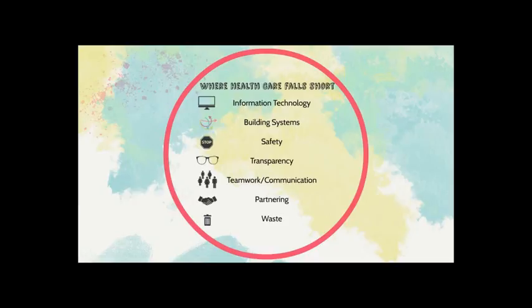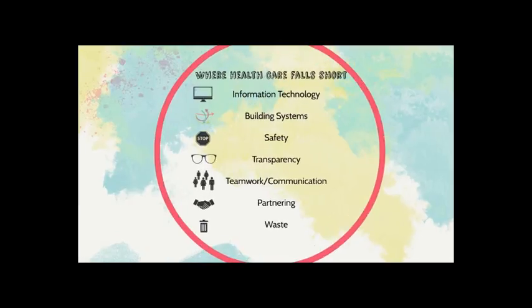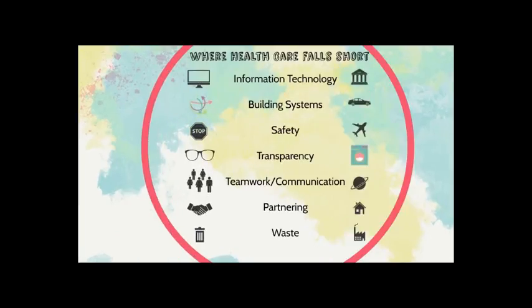So now we'll talk about the other side, about some of these organizations or industries that are really laying some great foundations or have done incredible work to improve their own systems. The first one with information technology is banking. Banks have made a lot of improvements in the last 10 to 20 years to improve their technology, to put information about a person's money right at their fingertips.